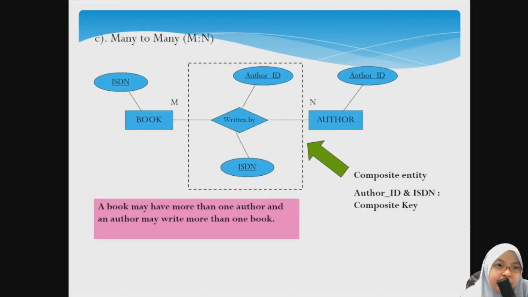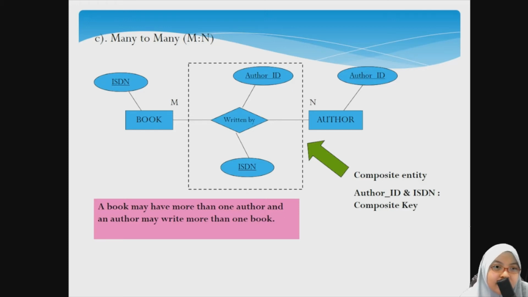Okay, this one is many to many. So basically we try to avoid this, or we can create another entity, which we call a bridge table in our database, in order to solve this issue. So let's say here we have book and we have author. Many books have many authors.